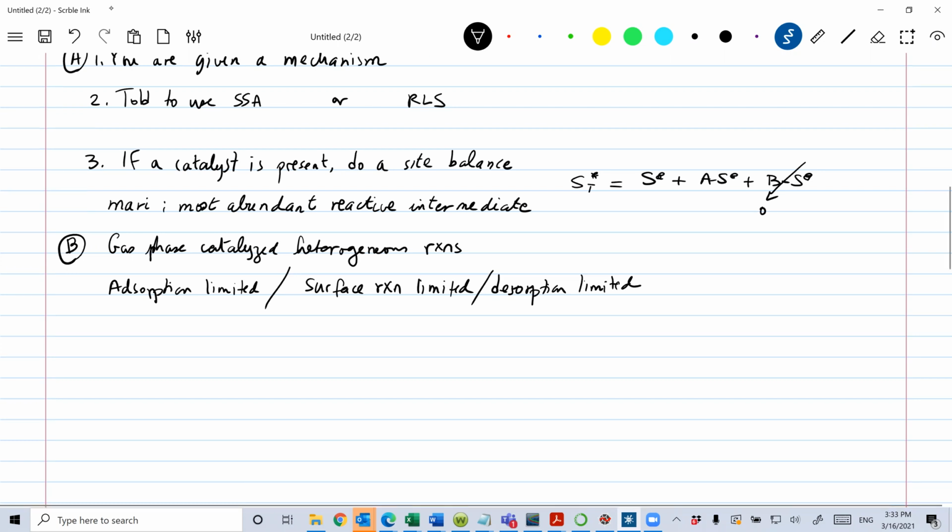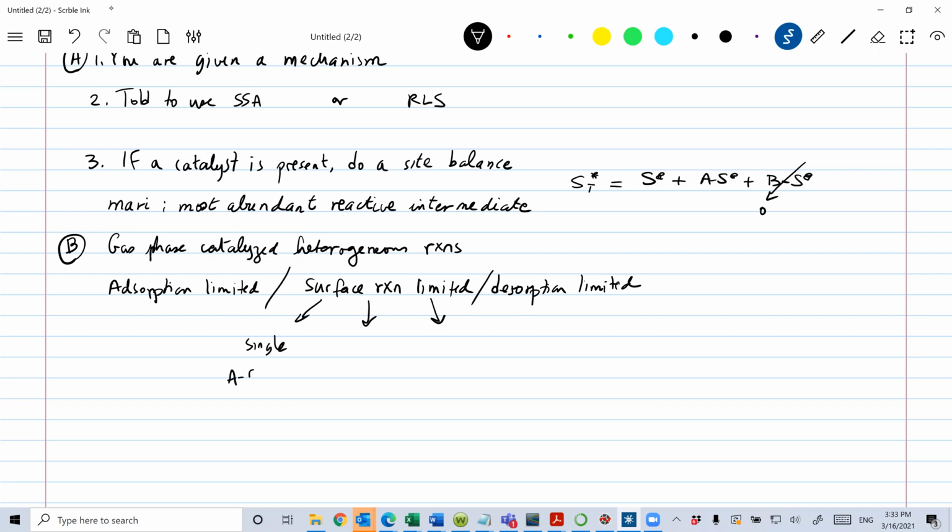The nomenclature is different. For surface limited reactions, we had 3 types of surface reactions. We can have a single site, say you have A adsorbed reacts to form B on the same site. You can have a dual site, where A adsorbed needs a new site to give you B adsorbed plus S star, so it needs an adjacent site to react.